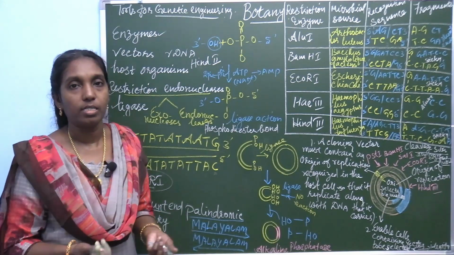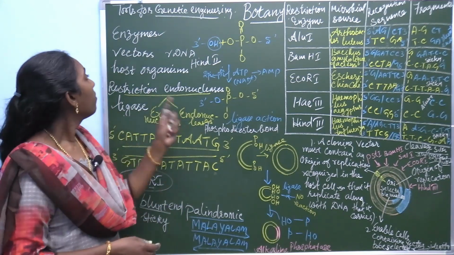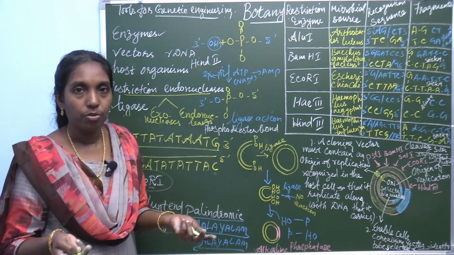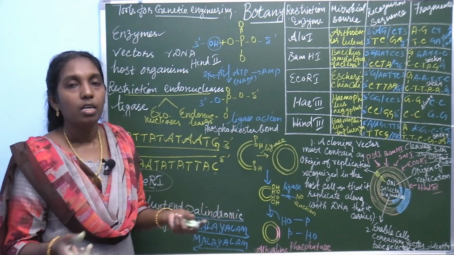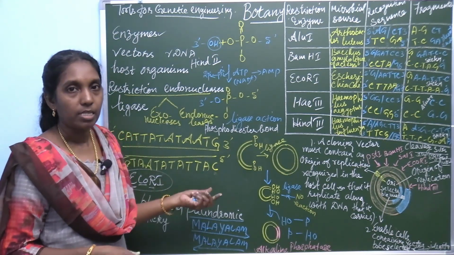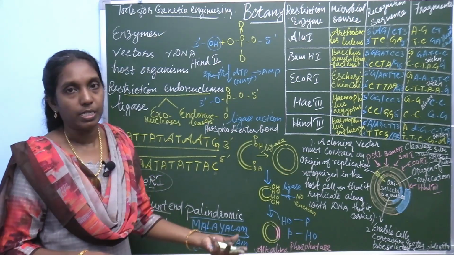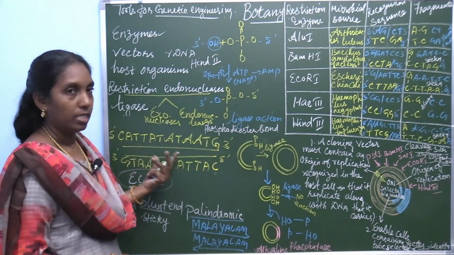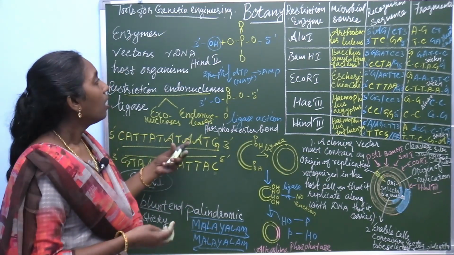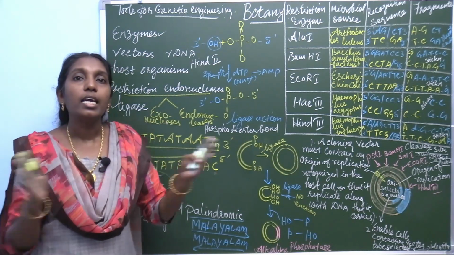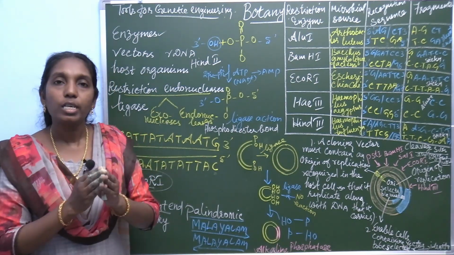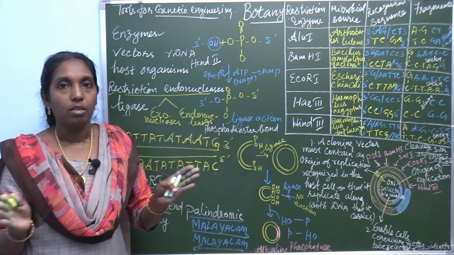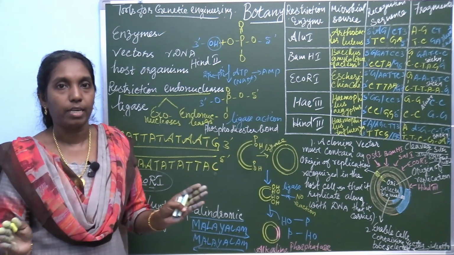Restriction endonucleases, there are 3 enzymes involved. First one is restriction endonucleases. There is some classification, and different types are used. It is used to cleave the DNA sequence, to cut the DNA fragments.